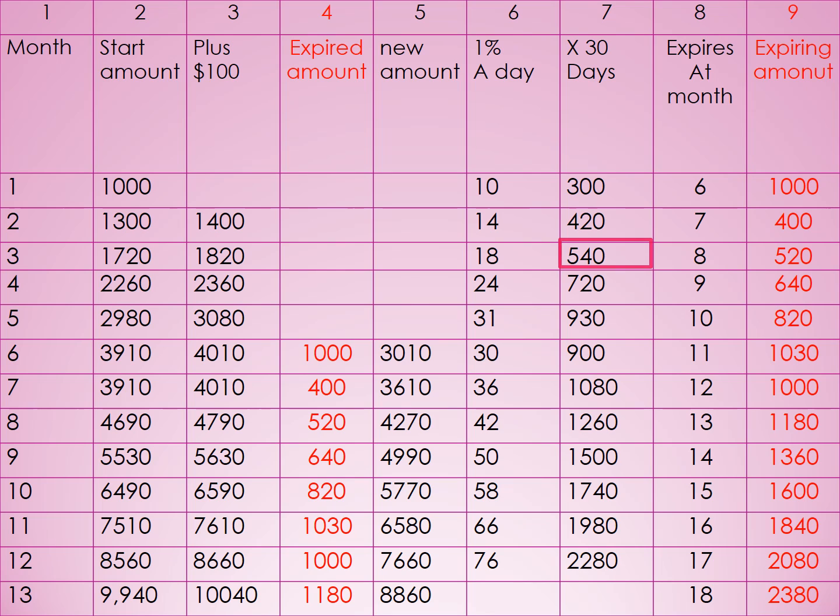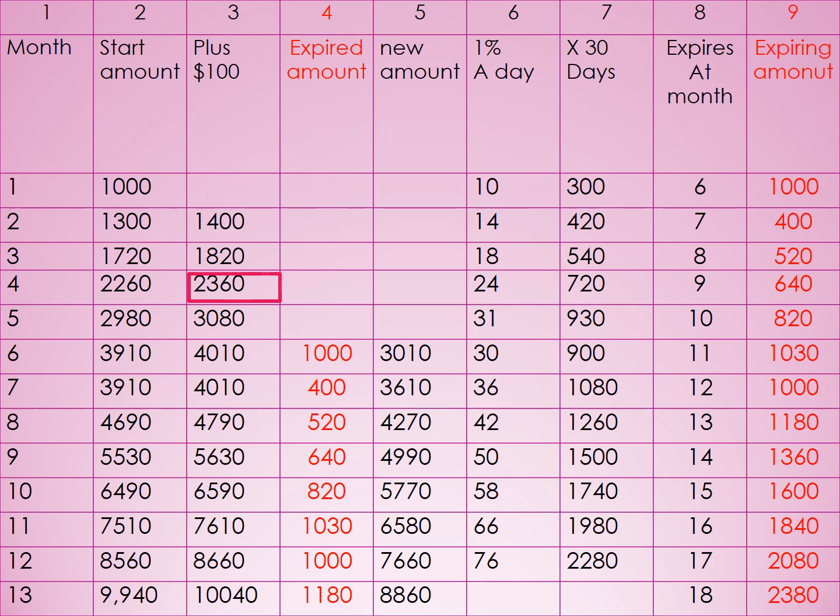Let's move on to month 4. Now I believe we can start moving through this a little quicker. As you look in row 3, column 7, your $540 profit share from the previous month, we're going to be adding to the $1,720 from last month. So now that you look at column 2, row 4, you see $2,260. That is the $540 profit share from last month added to the $1,720 from last month.